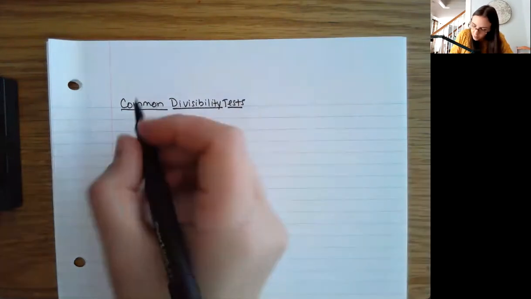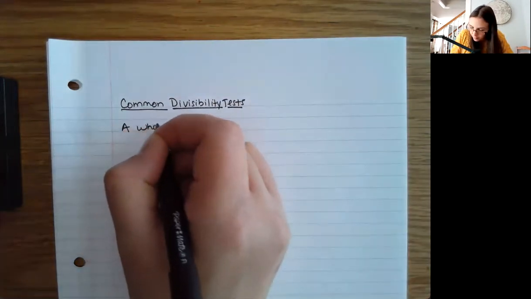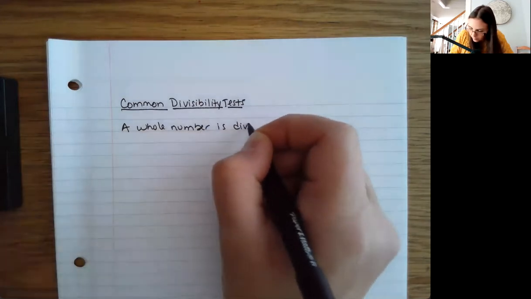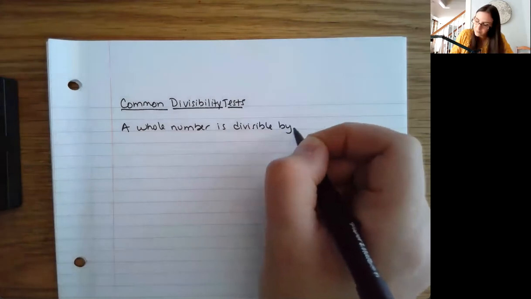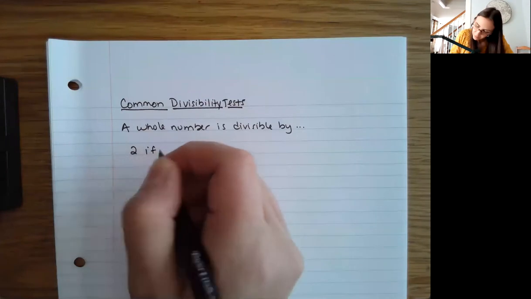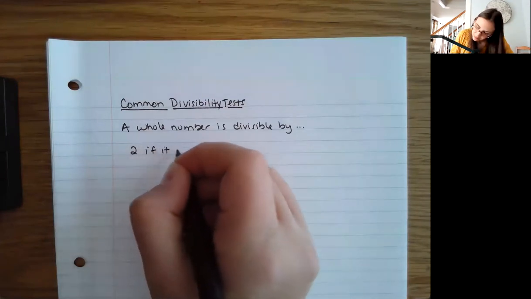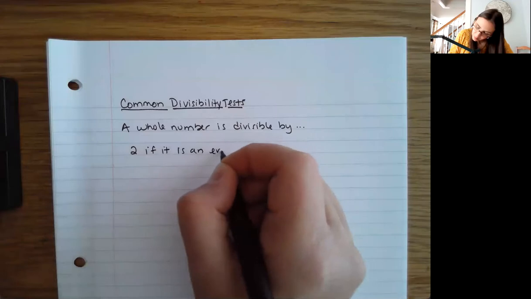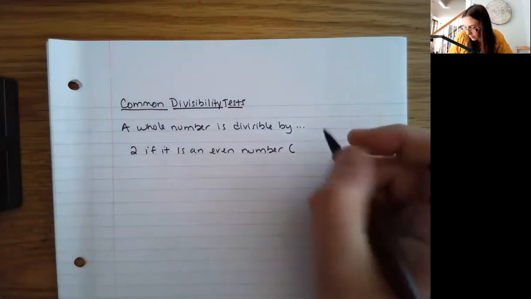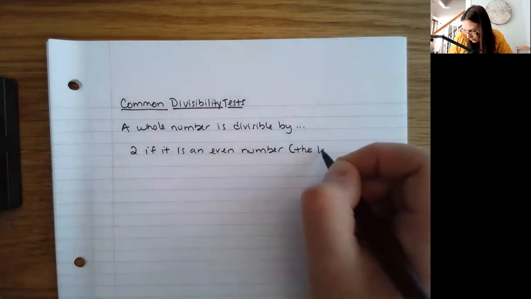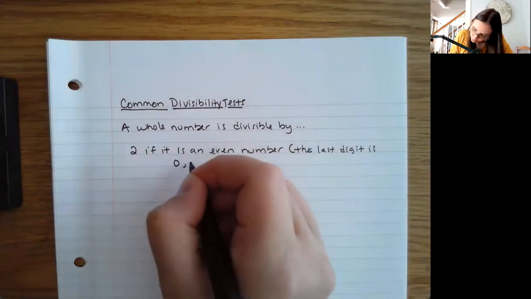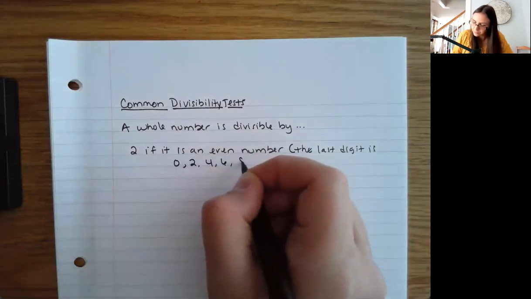So a whole number is divisible by 2 if it is an even number. So if you don't remember what an even number is, that means that the last digit is 0, 2, 4, 6, or 8.